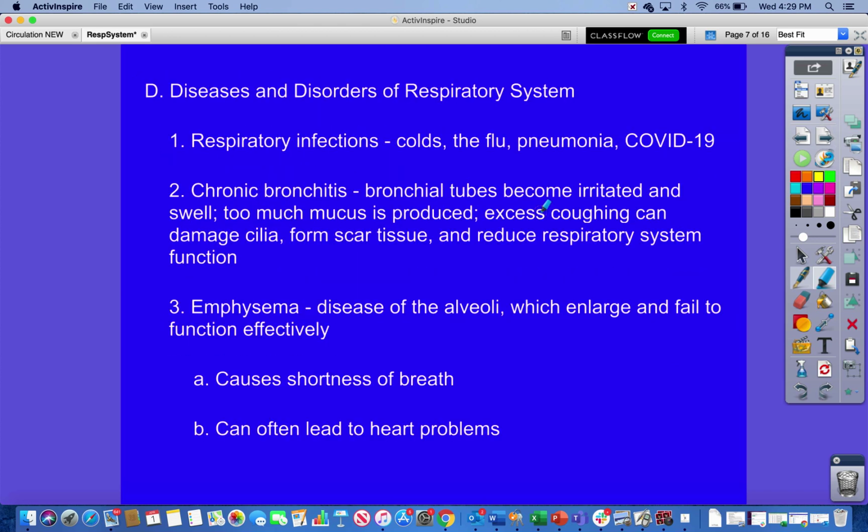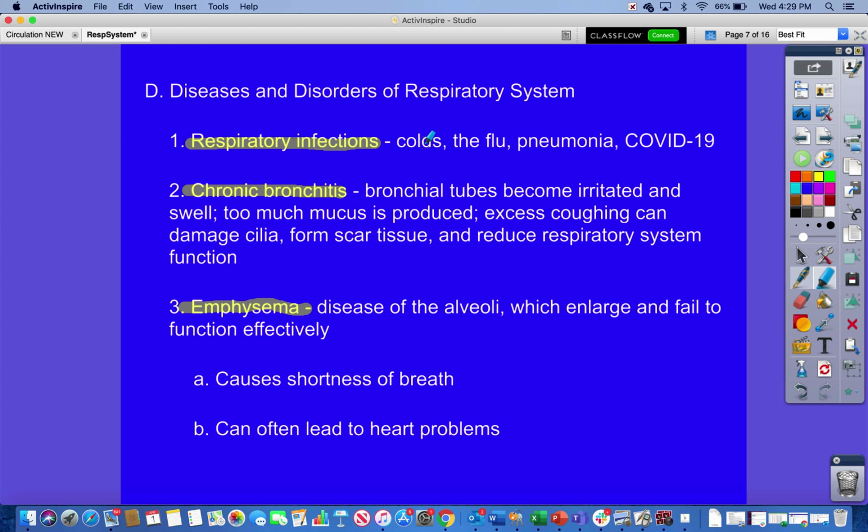Continuing along, there are different diseases that can affect your respiratory system. You maybe have heard of some of these: emphysema, bronchitis. I'm going backwards. Emphysema, I don't know why I picked to go backwards. There's bronchitis. And then there are respiratory infections that can cause your upper respiratory tract or your lungs to be sort of in pain.